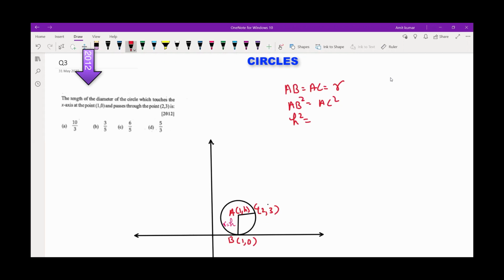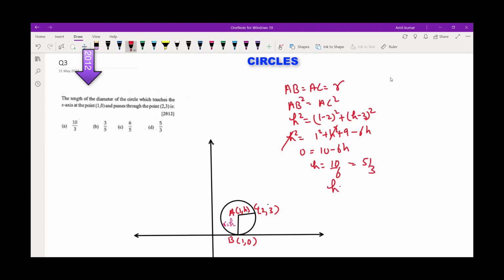Now the distance between the two points A and C is (1 minus 2) whole square, and we have squared this equation, so (h minus 3) whole square we get on the RHS. After solving this, I get 1 square plus h square plus 9 minus 6h. Further, this comes out to be 10 minus 6h, and h here is 10 by 6, that is 5 by 3.